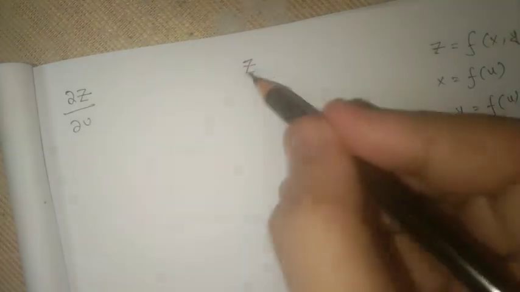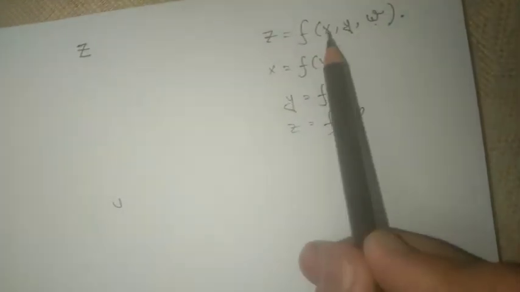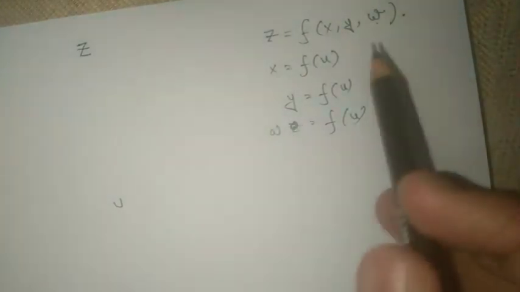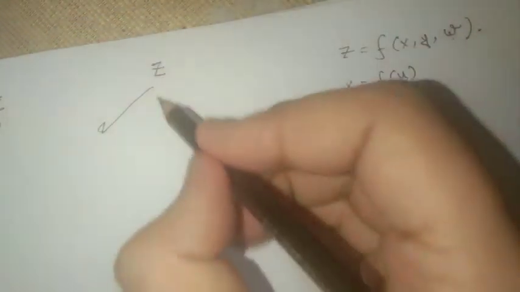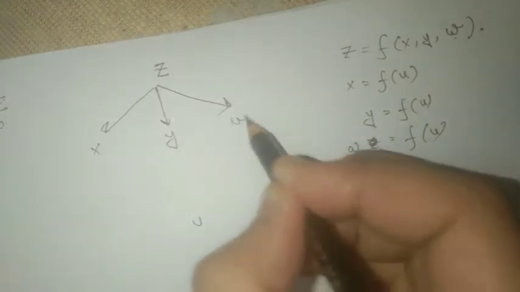So what is our target? Our target is to write del z del u. We are going to write z over here, and at last, z is over here and u is at the end, so let's write u over here. z is a function of x, y and w.